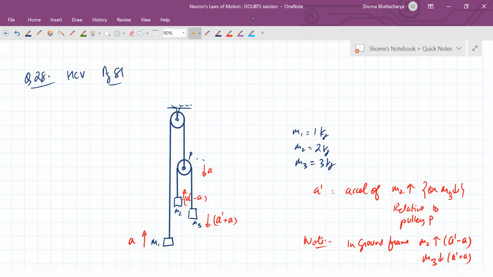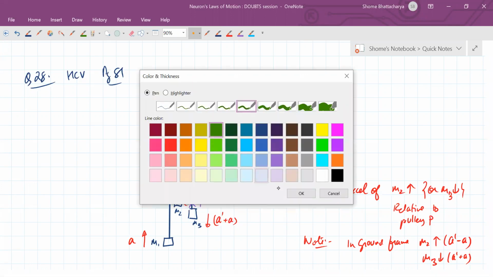Is this point clear to all of you? Okay. So now what we have to do is find A. For that we have to eliminate tension. Let's say the tension in this string is T. Because it's a massless pulley, the tension in this second string will become how much?